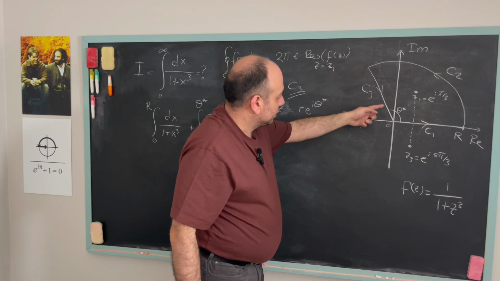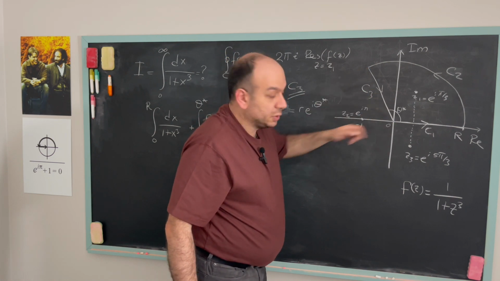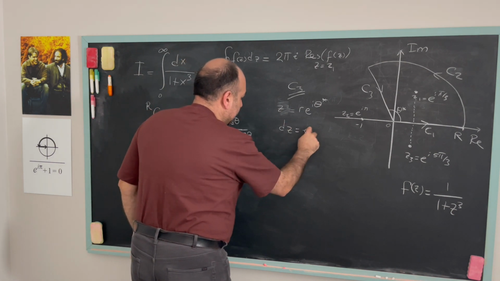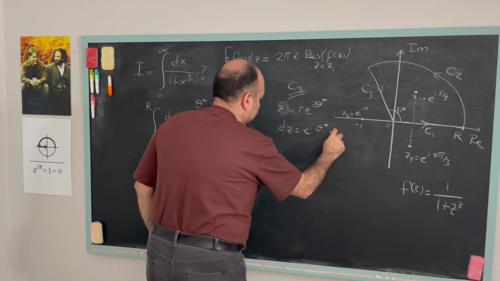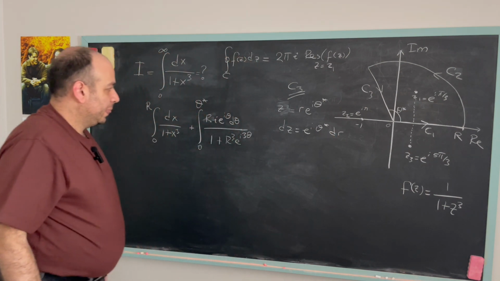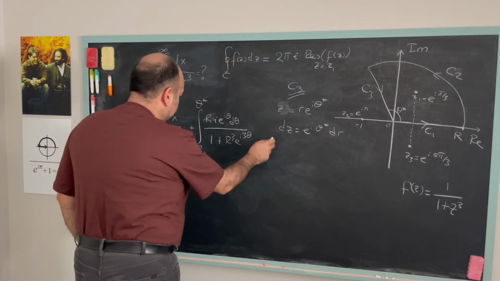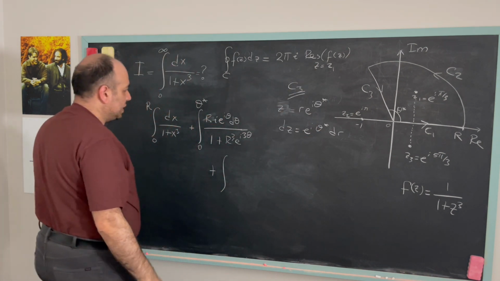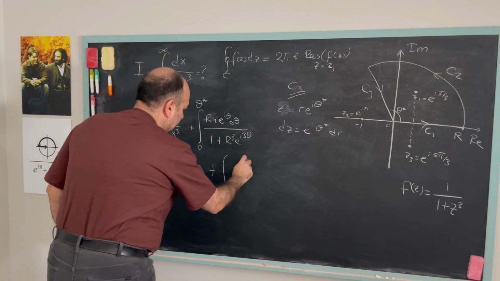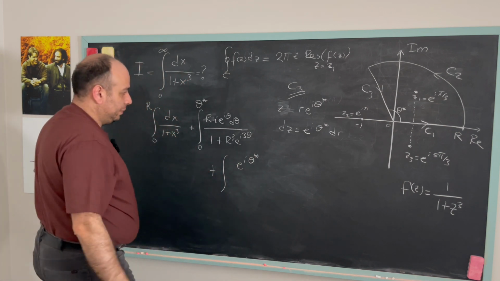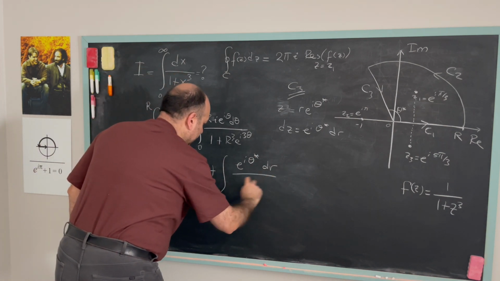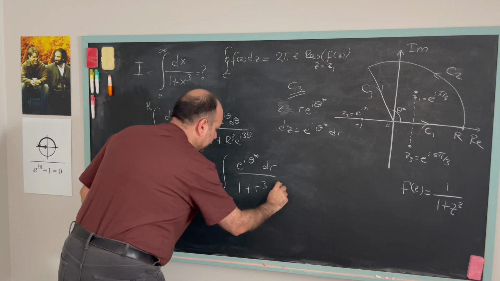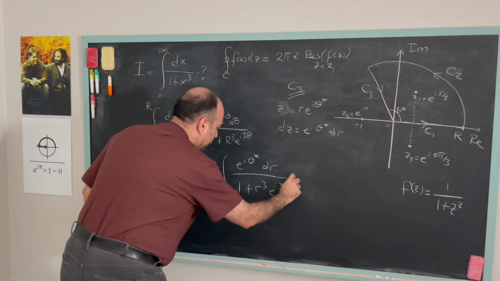The modulus changes, the distance from the origin changes. So dz is simply equal to e to the i theta star dr. So now the third integral on C3 will be equal to e to the i theta star dr over 1 plus r cubed e to the i 3 theta star. Good.